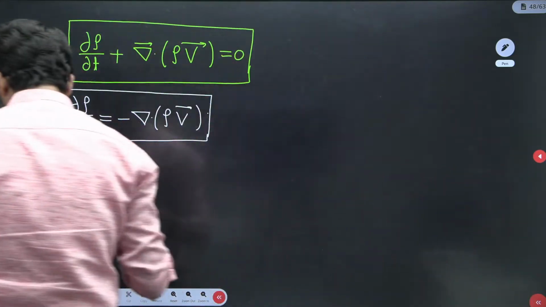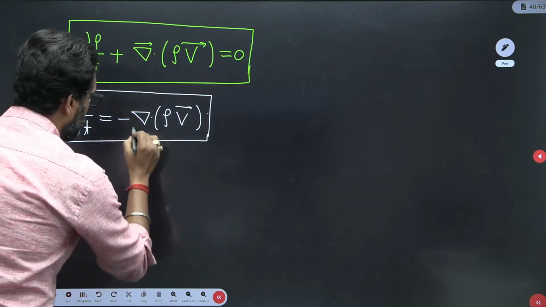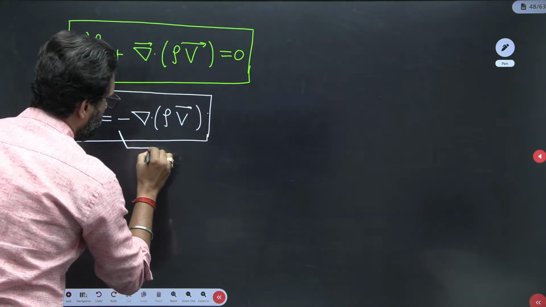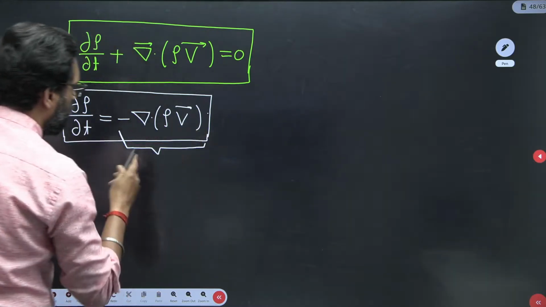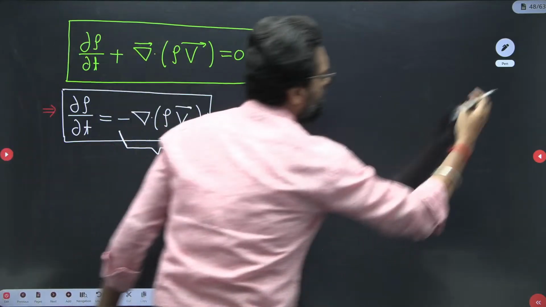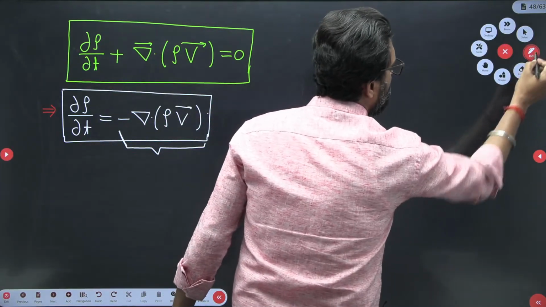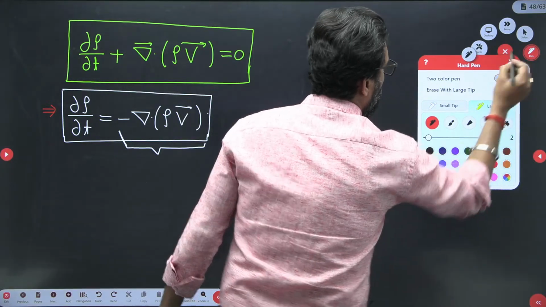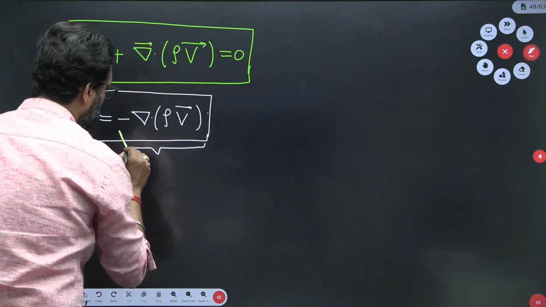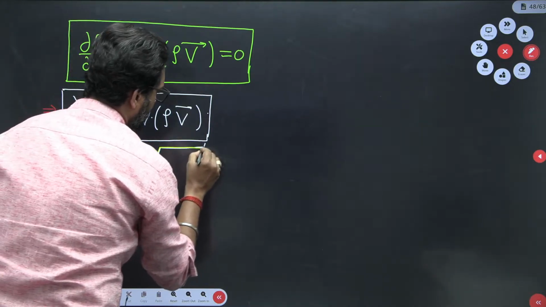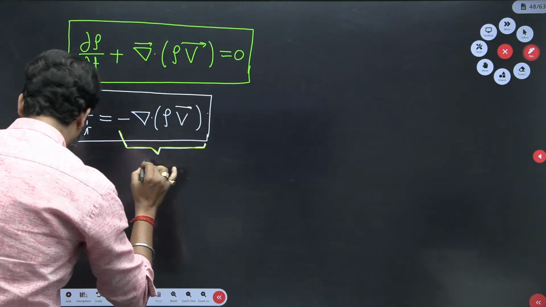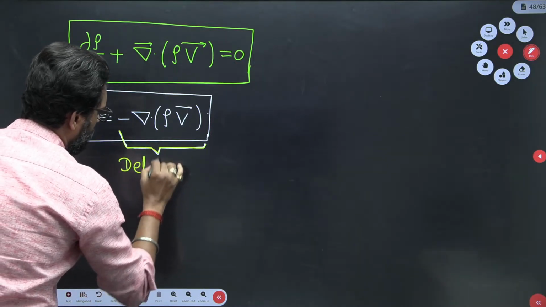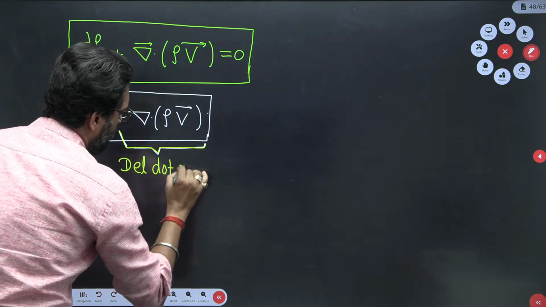What is this quantity? This quantity is del dot mass flux.